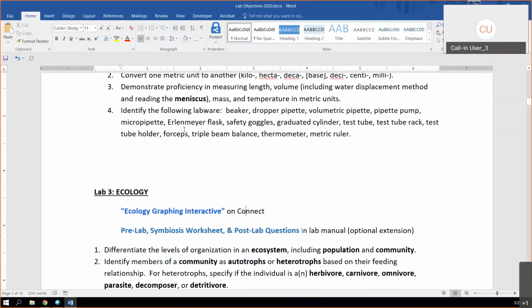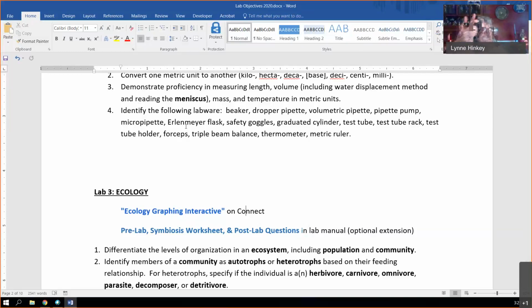All right. So the rest of the measurement unit is just remembering which instrument is what. So which one's the beaker, the dropper pipette, the volumetric. The dropper pipette is basically like an eyedropper. There's no measure on it. Volumetric has a measure. The pipette pump, you pull water up. The micropipette, you use for tiny volumes and it's very precise.